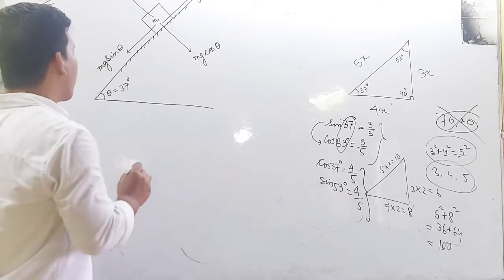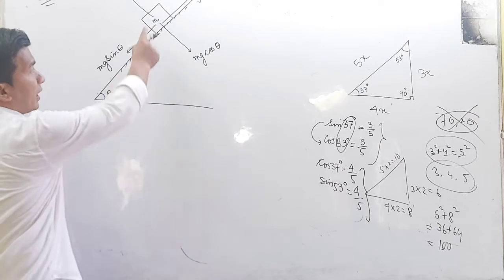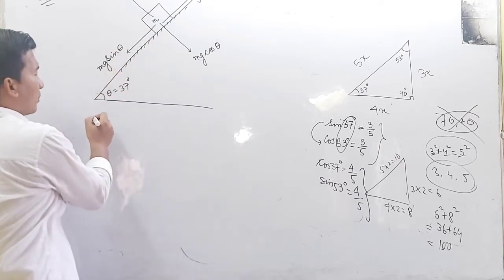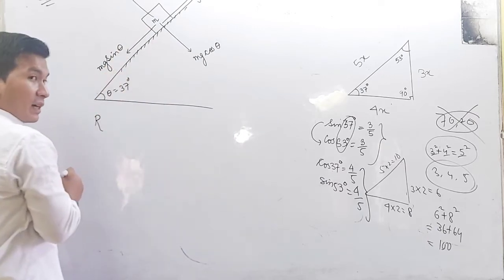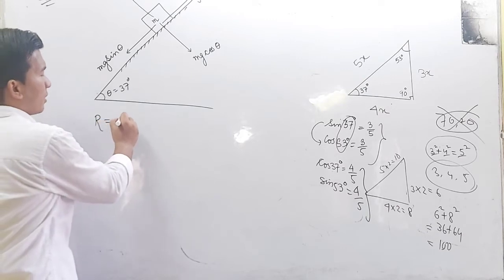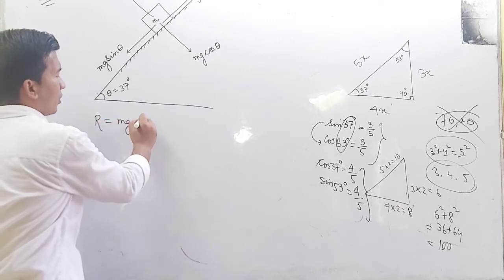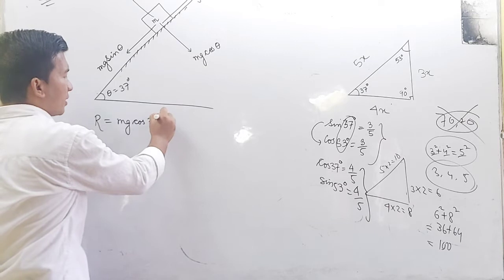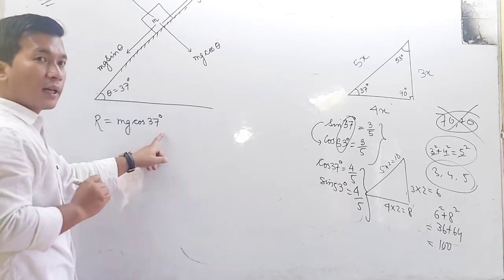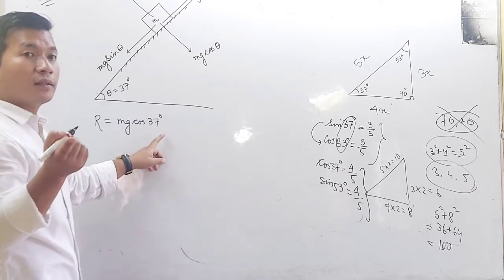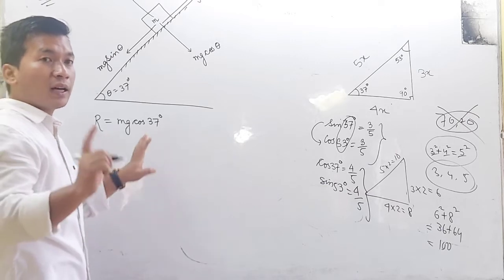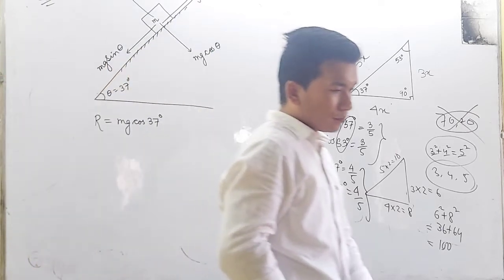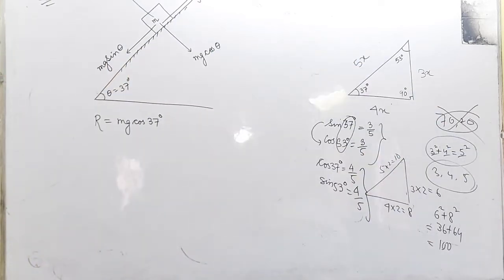Next, friction. Normal direction R is equal to mg cos of 37. Can we put it like this? What is the mass? 2 kg.